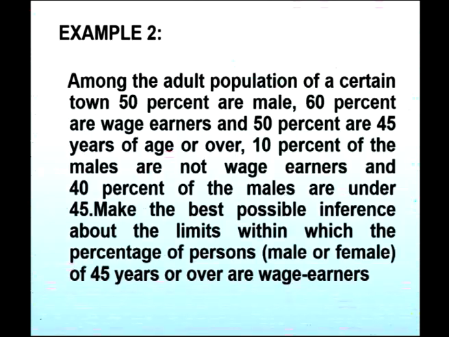What is that? We are asked to find out the possible inference about the limits within which the percentage of persons, male or female, of 45 years of age are wage earners.